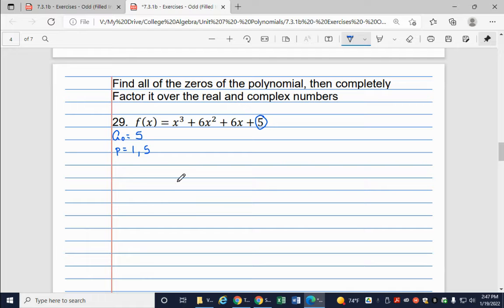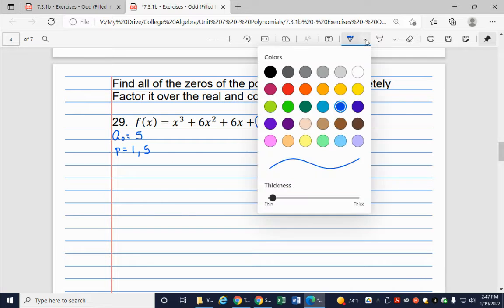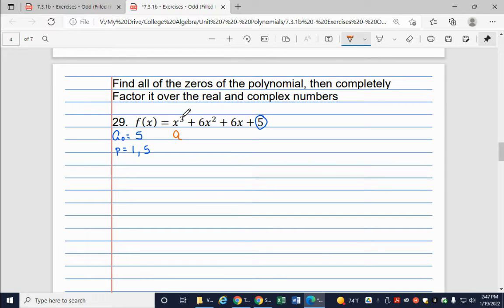That's all that goes into 5. Then we looked at the leading coefficient, and we call that a sub whatever the degree is. This is a sub 3, which in this case, if there's no number in front of the leading term, we know that means the coefficient is 1. And the factors of that number give us our Q value. So the only factor of 1 is 1.